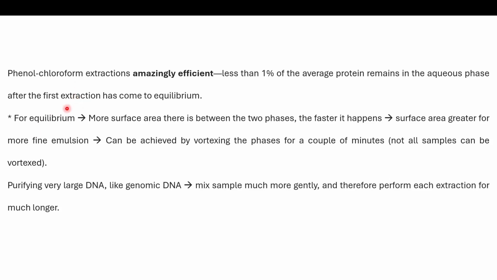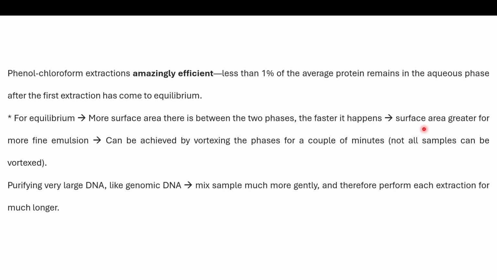Okay. So after that has come to equilibrium. Now this equilibrium is attained. What we are talking about is equilibrium between the two phases, the aqueous phase and the organic or phenol phase. When the surface area between the two phases is more, then this equilibrium is attained faster.